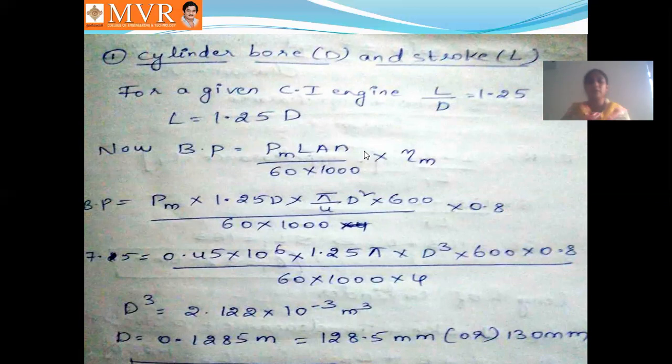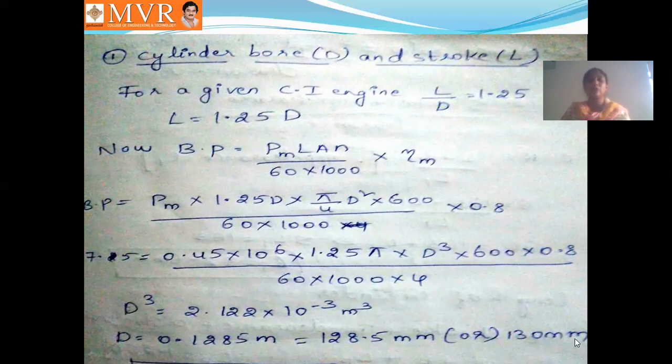BP they have given as 7.5. Then you can simplify this value. Then D cube comes to 2.122 into 10 to the power of minus 3, and you will get the D value as 130 mm.